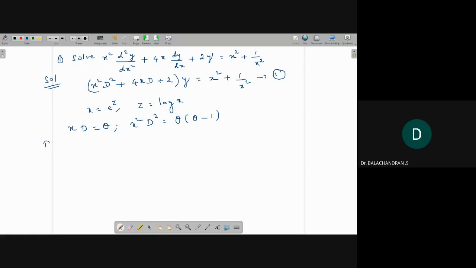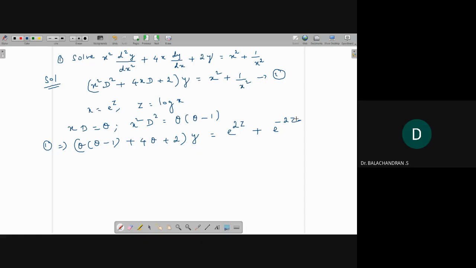Equation 1 implies theta into theta minus 1 plus 4 xD, which is theta, plus 2 into y equal to x square. With x equal to e power z, x square is e power 2z, plus 1 by x square, so 1 by e power 2z, or e power minus 2z.